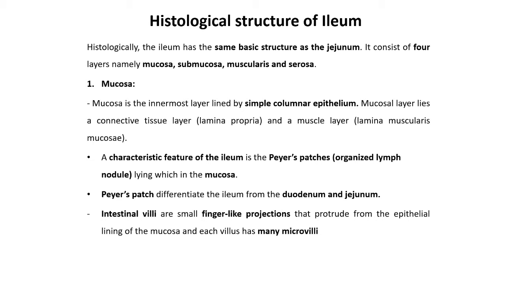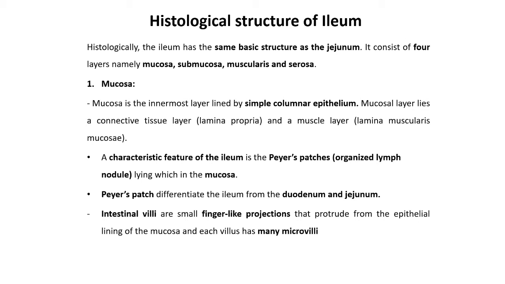The characteristic feature of ileum is Peyer's patch. So what is Peyer's patch? Peyer's patch is nothing but an organized lymph nodule, and it is found in the mucosal layer of ileum. Peyer's patch differentiates ileum from duodenum and jejunum.